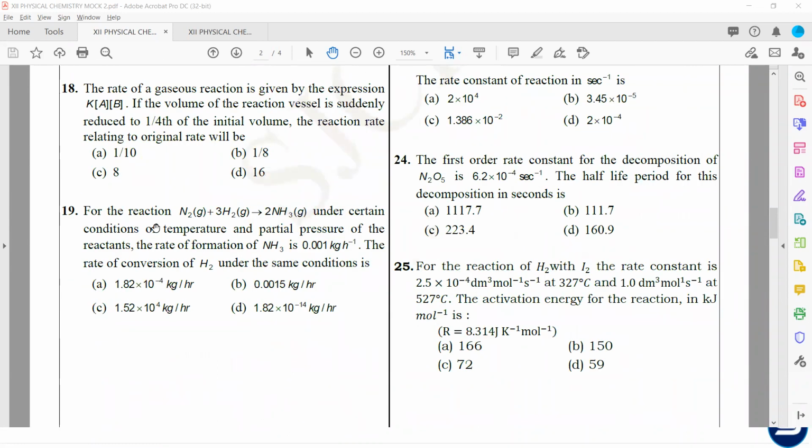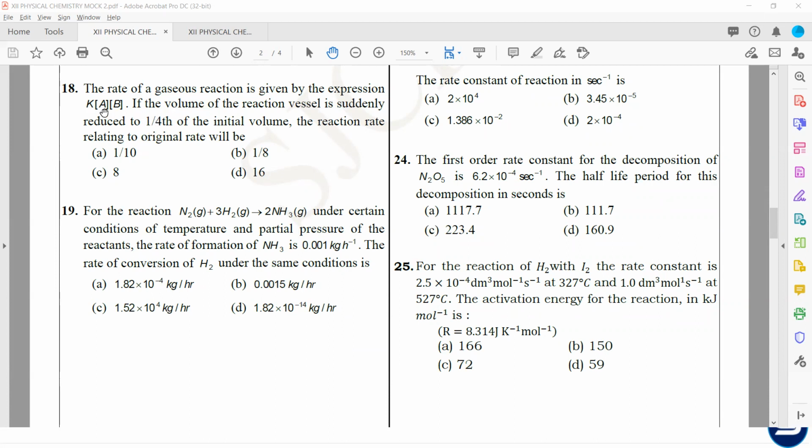Next, the rate of a gaseous reaction is given by the expression K into A into B. If the volume is suddenly reduced to 1/4, the reaction rate relative to the original rate will become 16 times. Volume reduced to 1/4, meaning concentration becomes 4 times.